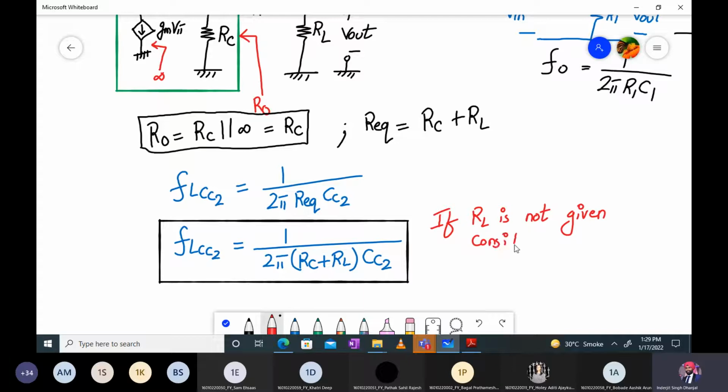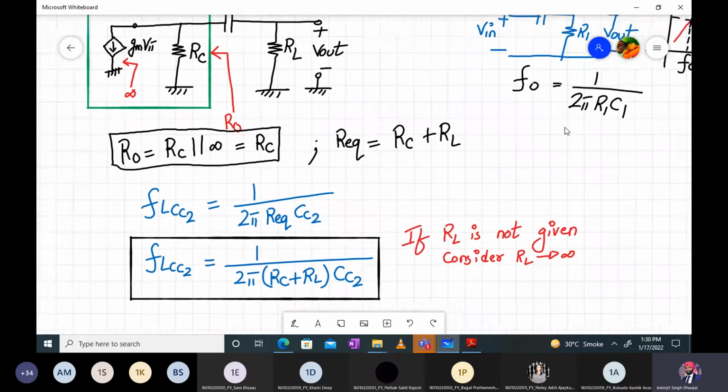Consider RL equal to infinite, meaning without load. Your amplifier is not having any load at the output, right? So if RL is not given, consider RL tending towards infinity. Fine with this? This much is clear. Can someone respond, please? Is this analysis clear to you?